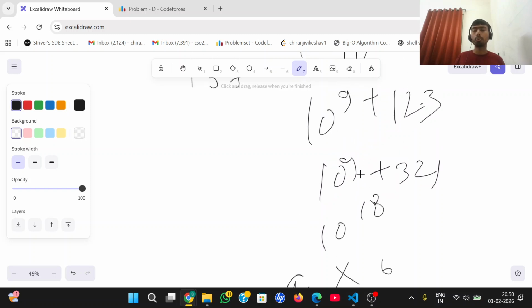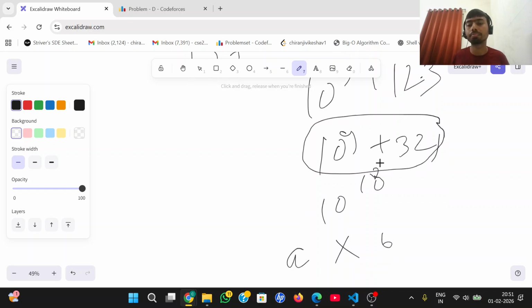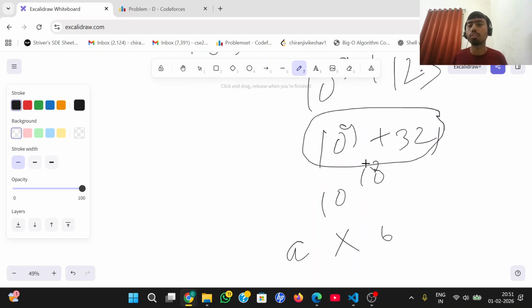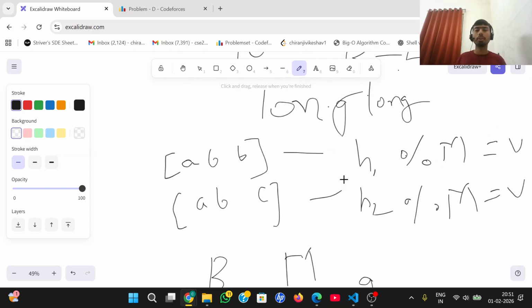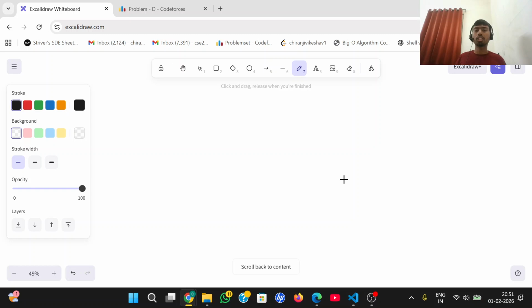So you have to take m as a value of the order of 10 to the power 9, which will also prevent collision and keep the calculation values correct, like multiplication and addition, so that no integer overflow happens. So this is all about string hashing.